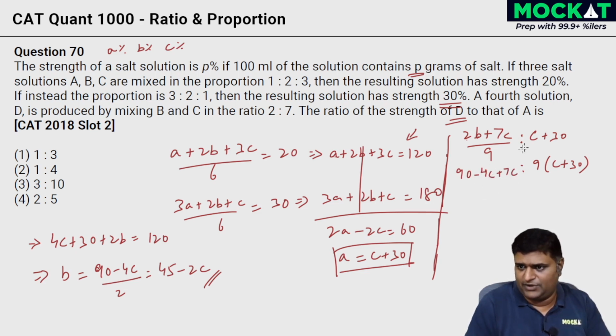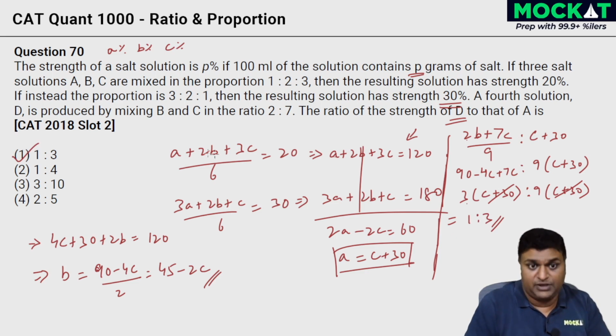No divided by 9 because I've taken it to the other side. 90 minus 4C plus 7C is 90 plus 3C, which is 3 times C plus 30. So 9 times C plus 30. C plus 30 is cancelled. We get 3:9, which is nothing but 1:3. So the answer is option 1 here.